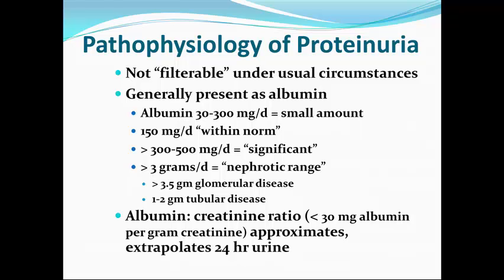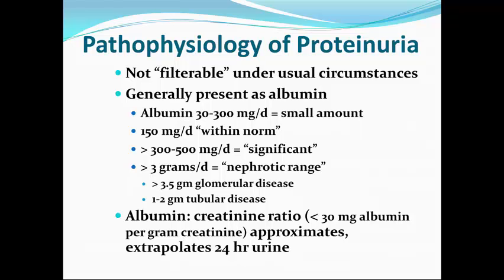When proteinuria is greater than 3 grams a day, we talk about it being nephrotic range protein, and we're going to talk about some of the pathologies. When it's low level, this may be tubular, or it may be beginning glomerular disease.